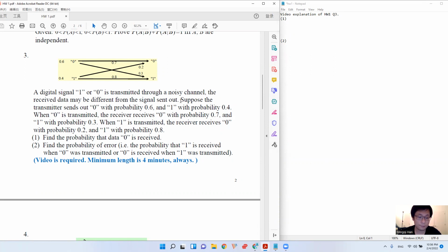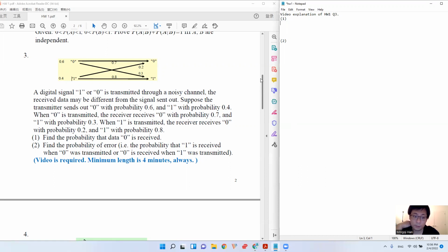Question number 1 wants to find the probability that data 0 is received, right? The probability of receiving 0 is that you receive an input signal of 0 and the noisy channel outputs a 0, and that's one situation.